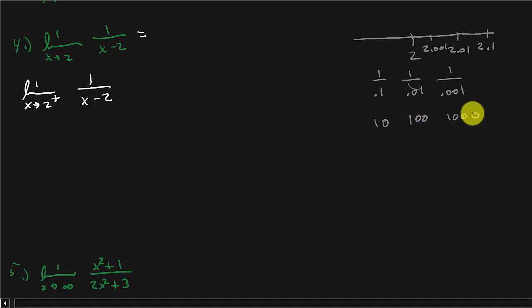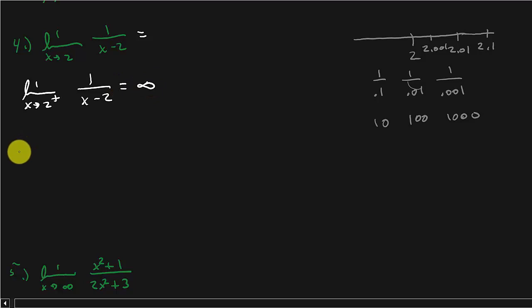If I add another 0 here, I'll get 10,000, then 100,000, then 1,000,000, and so on. As I'm getting closer and closer to 2 from the right-hand side, the fractions are getting larger and larger. And so this thing is going to infinity.